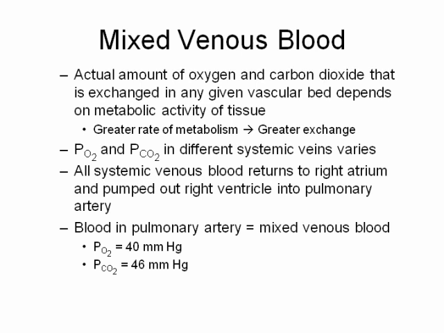Now, in physiology, we talk about mixed venous blood, and what we mean by that is blood leaving all these different capillary beds is going to ultimately get mixed together in the large veins, so that it would not be possible to measure the venous blood gas and get an estimate that's very accurate of what's going on in any given vascular bed when we take a blood sample out of a vein.